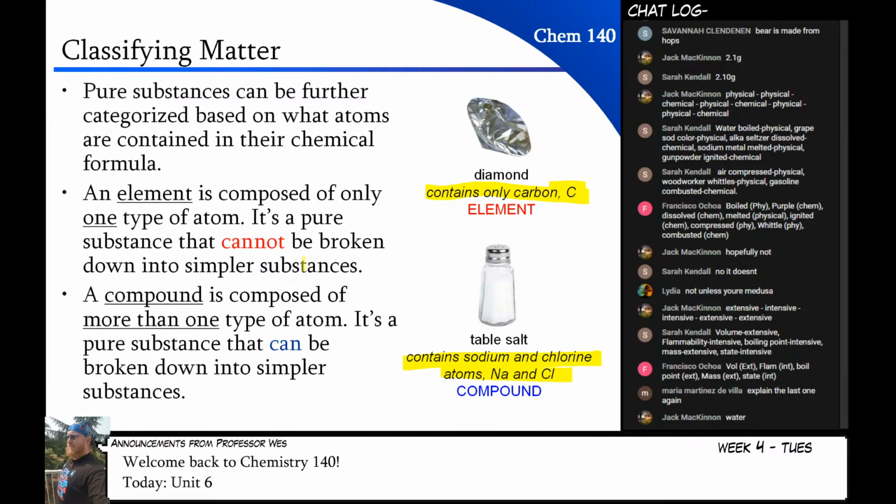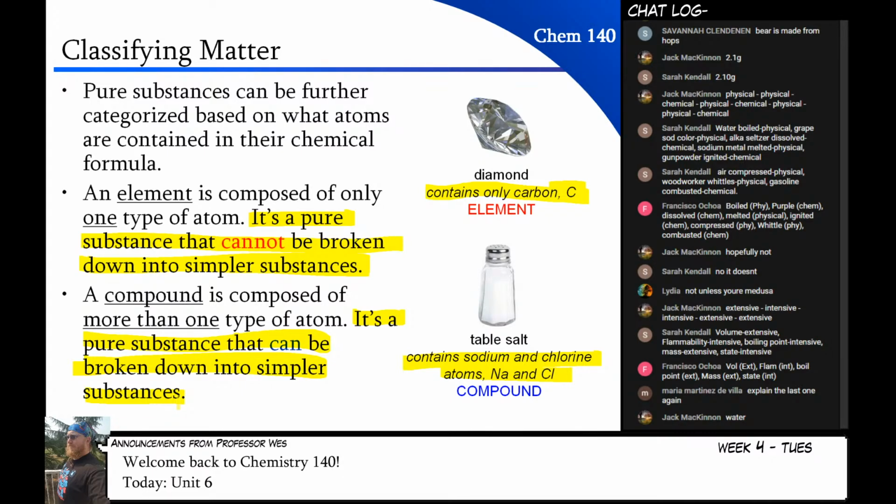Some interesting facts about elements is that you can't break an element down. Elements are as simple as they can get. That's why they're called elements. Whereas a compound can be broken into simpler substances. Usually those simpler substances are elements. So you can turn sodium chloride, table salt, into just pure sodium and pure chlorine.